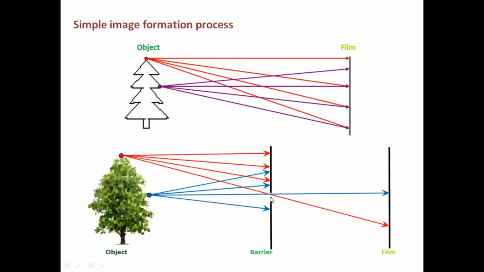In the barrier I keep only a small opening, and this opening is nothing but your aperture itself. So what happens finally? Because of this setup, blurring can be reduced on the image plane. So this is the concept of your aperture.